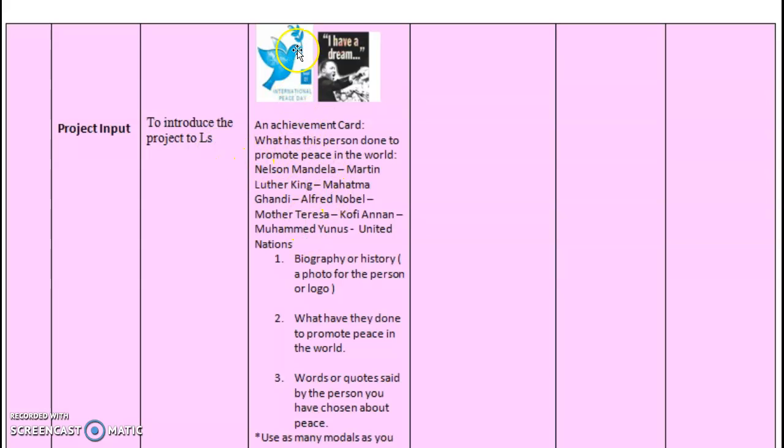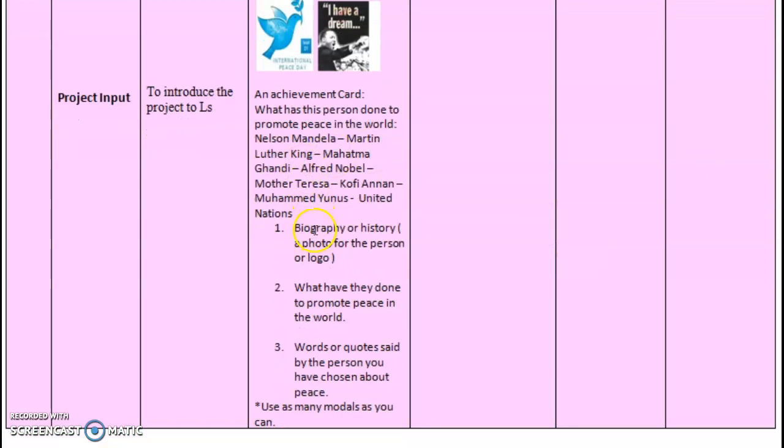For example, this is a project which I have given to learners. The project is about an achievement card, and I explained exactly the steps which I need students to follow to do their project. I think this way I have shown you how to introduce the theme.